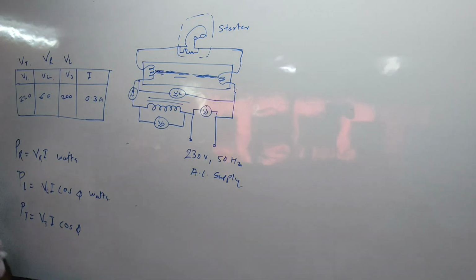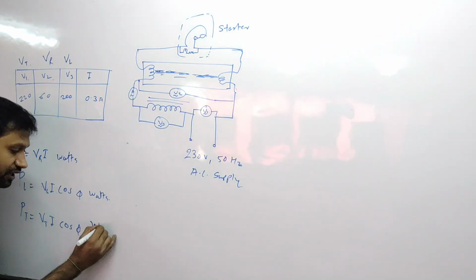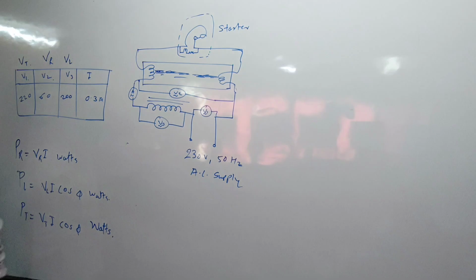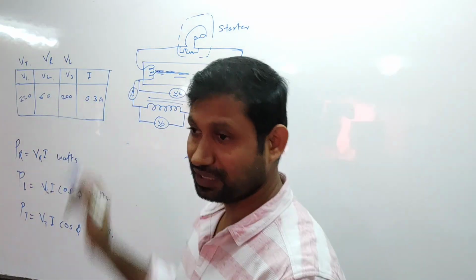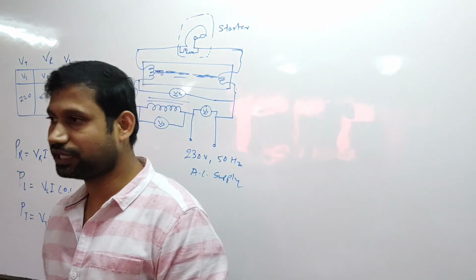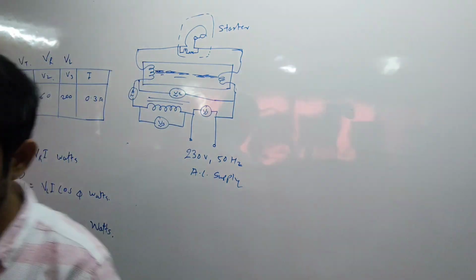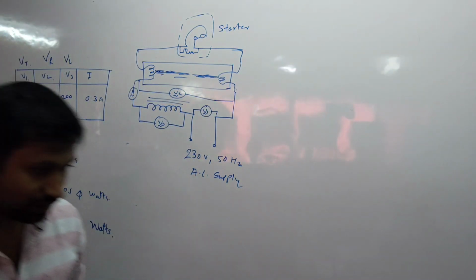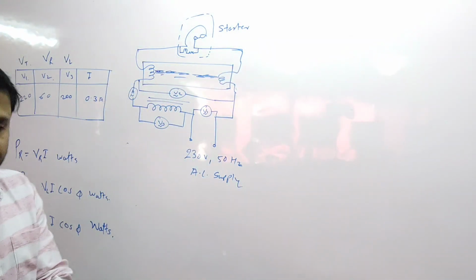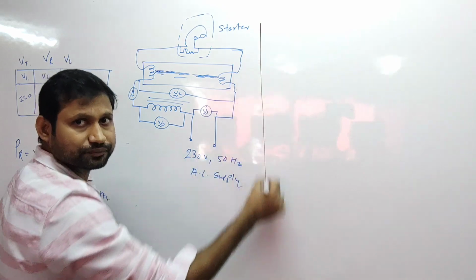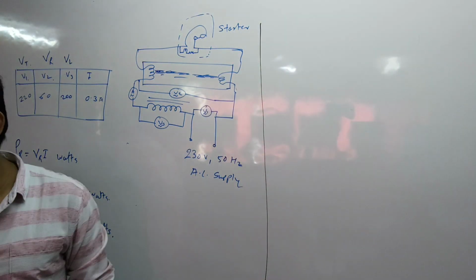So these values we have to find out, and that's why we need a phasor diagram. By taking these values, take some scale, and we are going to draw a phasor diagram. You have to help me with that. Pay attention, everyone.